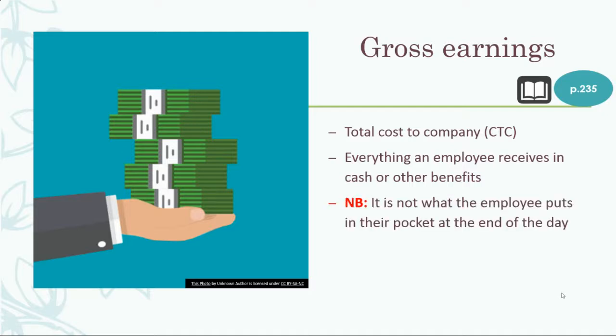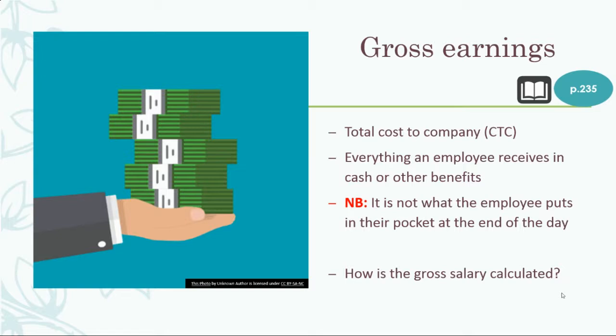Okay, so that is very important to know. It's not what you put in your pocket at the end of the day, but the money you receive beforehand. Now, how is our gross salary calculated? Based on the information and your remuneration, our gross salary is calculated using our basic salary, and then we add any fringe benefits.